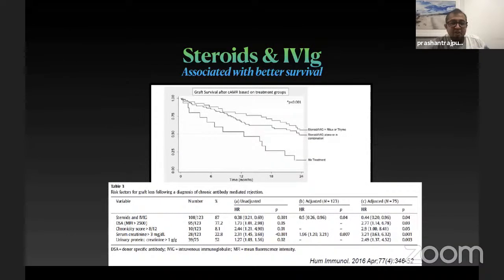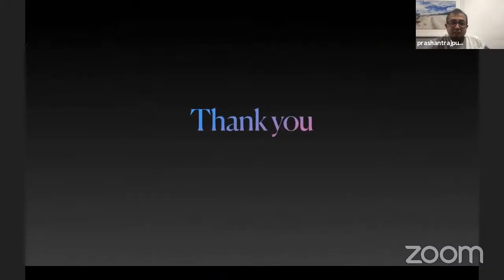This was basically based on the case, and this patient was treated with IVIG and steroids, and there was a significant resolution of the antibody-mediated rejection. And today, as far as the rejections are concerned, the prevalence of acute antibody-mediated rejection is about 2% in our patient subgroups, and cellular rejection is anywhere between 8 to 13%.